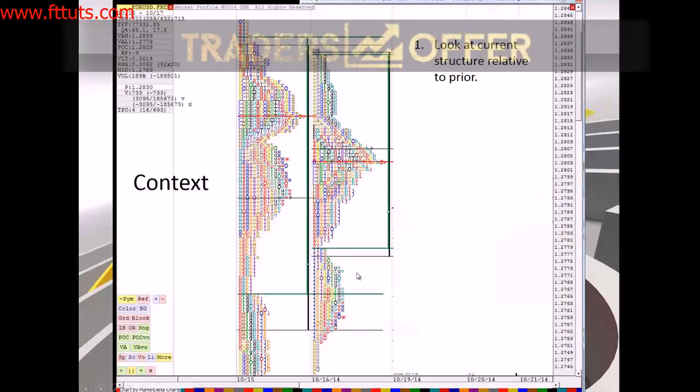Let's begin by looking at 2 profiles consecutive to one another and focus on them so we can begin to really understand what their story is and what they have to tell us. The most important thing that you need to recognize in understanding a profile structure is this has to be done in context.